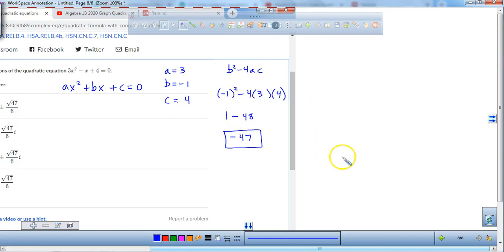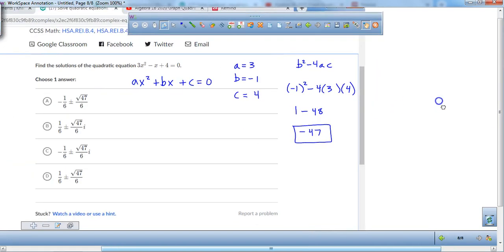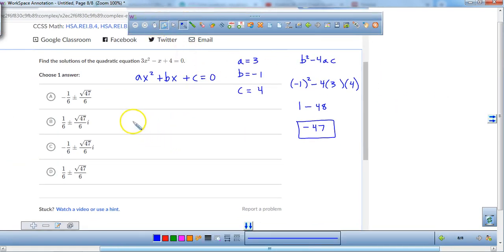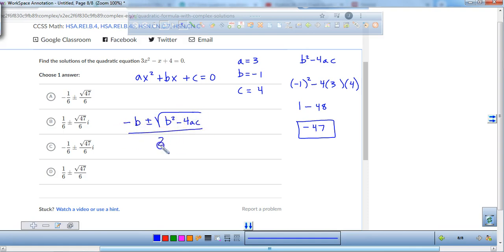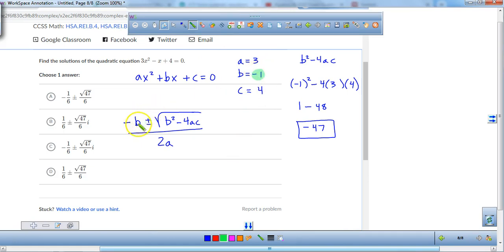Alright, so we're going to write everything out nice and neat. Once again, I'll go ahead and rewrite the quadratic formula right here. Negative b plus or minus square root of b squared minus 4ac, all divided by 2 times a. So let's go ahead and plug things in. If our b value is a negative 1 and we plug that in, a negative times a negative makes it a positive, so we have a positive 1.